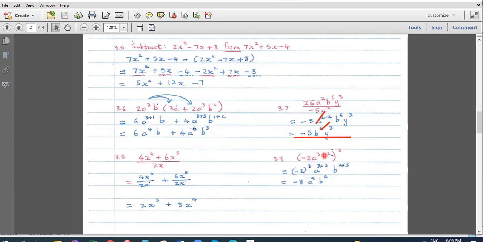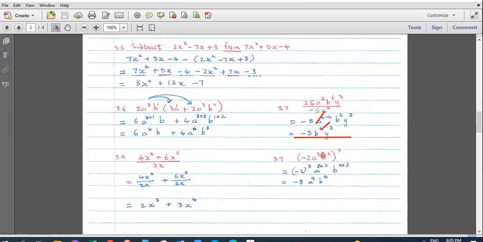Now when you're raising a power to another power, there's b squared, and then we've got it raised again. So we're looking at 2 powers. So if you're cubing this answer here, you cube each one. This is minus 2 cubed.